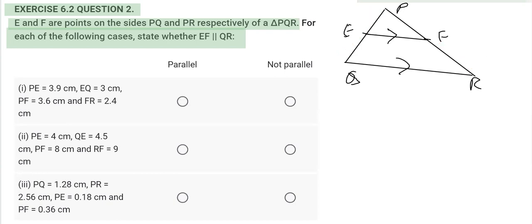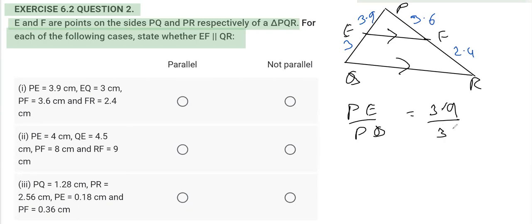So let's see the figure information given here. We know PE as 3.9, EQ as 3, PF as 3.6, and FR is 2.4. Now let's obtain the ratio: PE over EQ comes out to be 3.9 over 3.